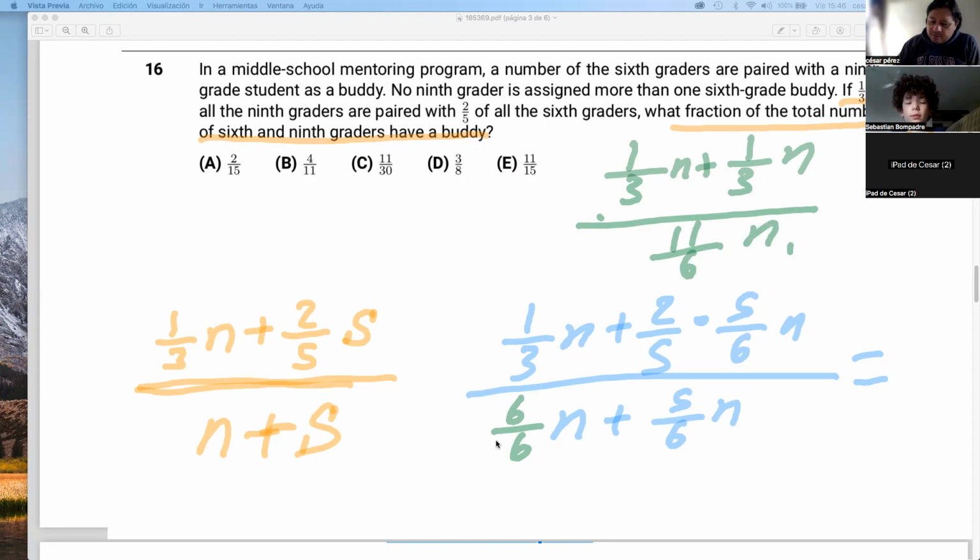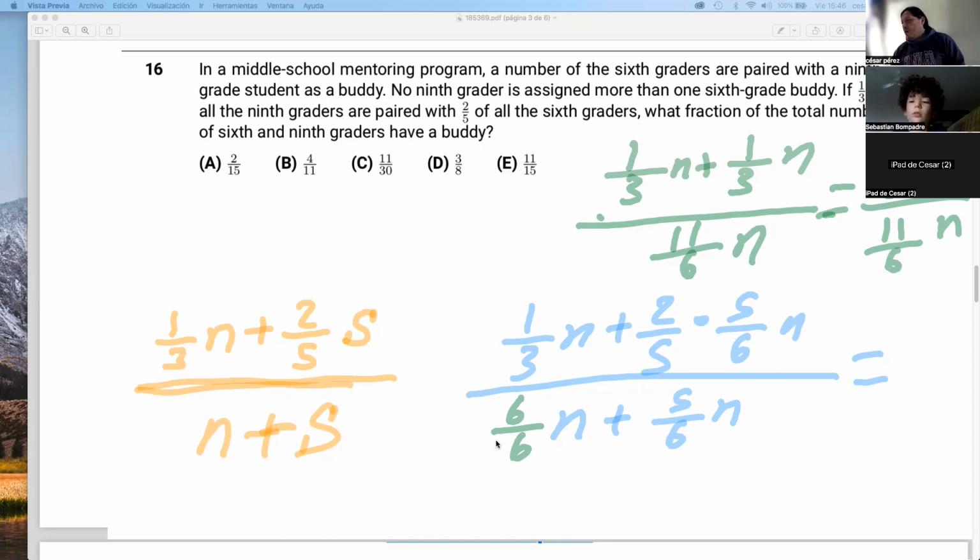Okay. So we will have 2/3 n over, okay, we will have here an n, 11/6 n. So we are going to divide 2/3 over 11/6.